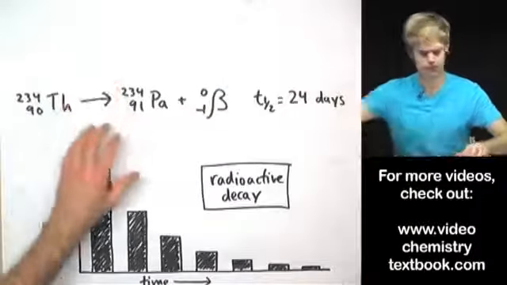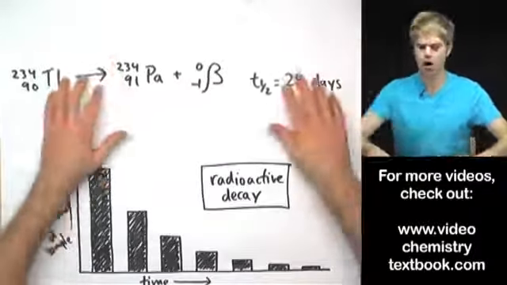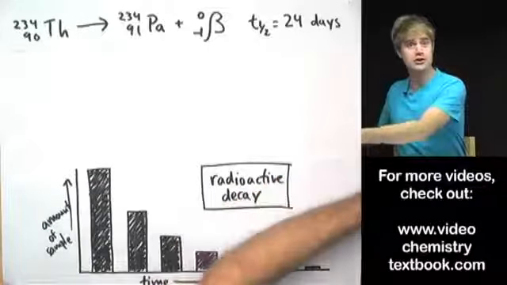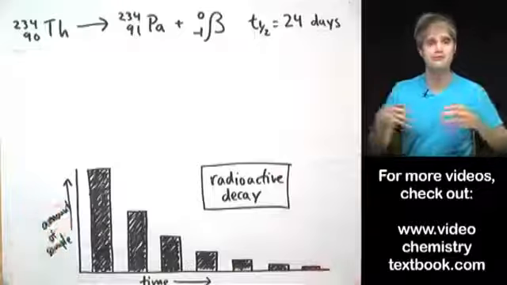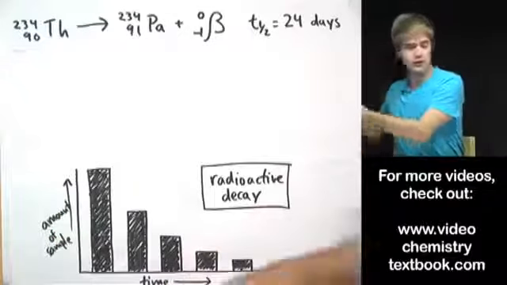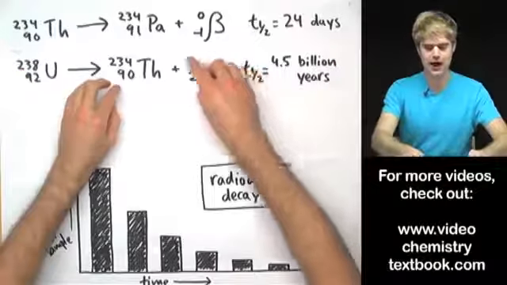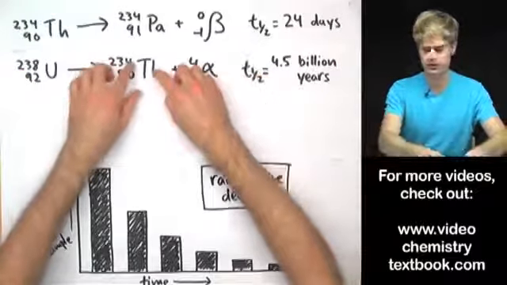Now, all nuclear reactions, all these different decay processes, have different half-lives, for different amounts of time. I should say that these amounts of time vary widely. So for example, uranium-238 here undergoes alpha decay to make thorium-234.